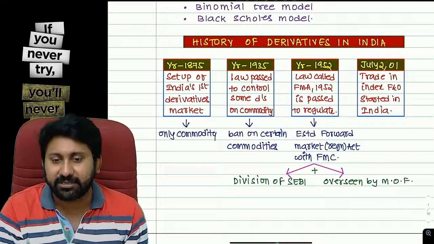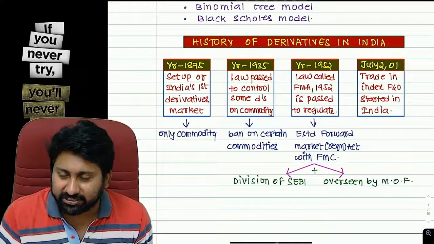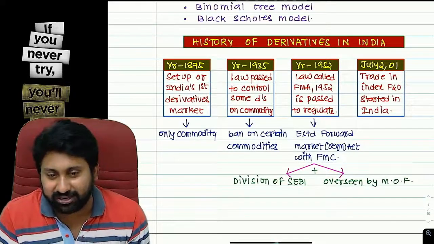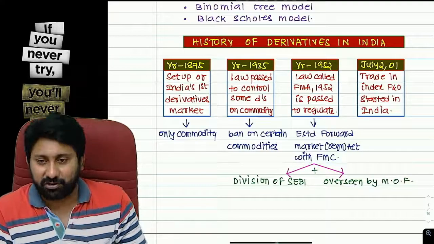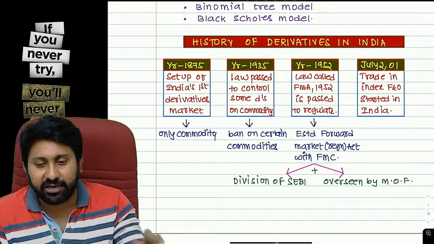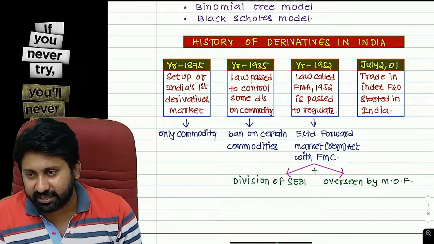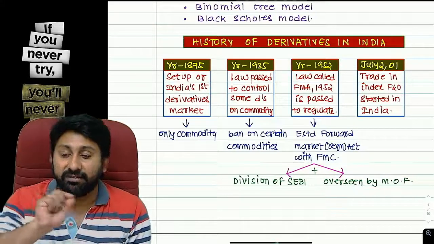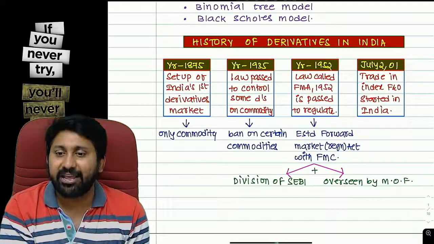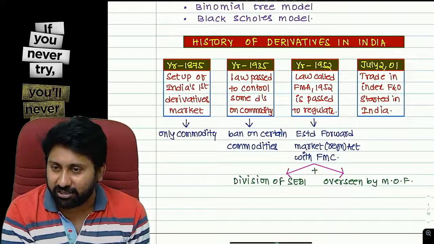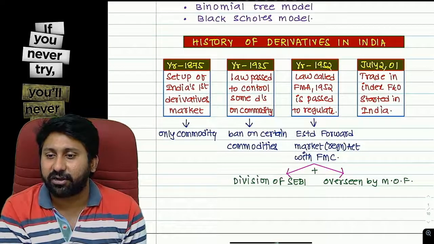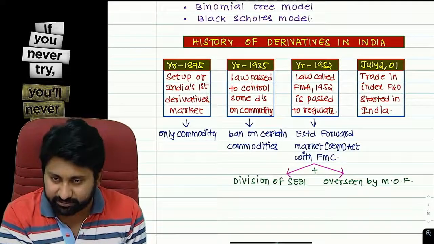But the surprising point is that in India, the first derivatives market was not stock derivatives, it was commodity derivatives only, because cotton, silk, indigo, opium and other spices were the materials traded on derivatives at that time. So India's first derivatives did not start on stocks, but on commodities.